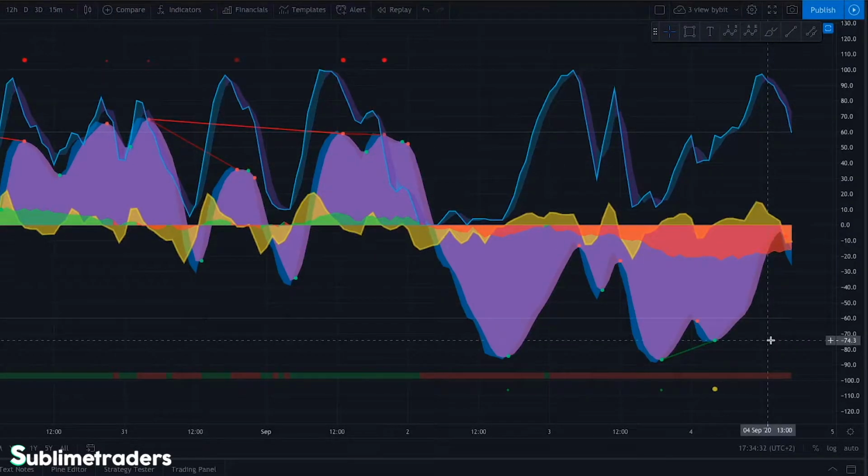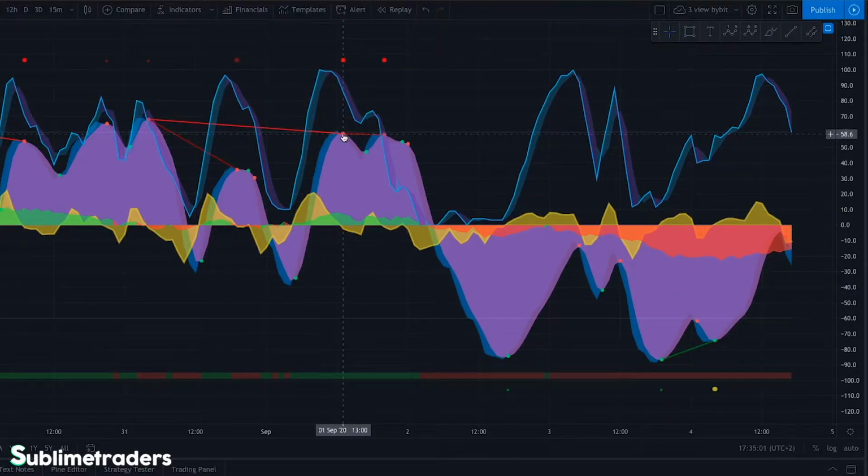And as you can see, the waves are always accompanied by small dots and lines. The lines are divergences, and the dots are crossings for the wave trend indicator. So basically when we see a green dot, it means that the wave trend crossed in an upward manner. This usually is a bullish signal.